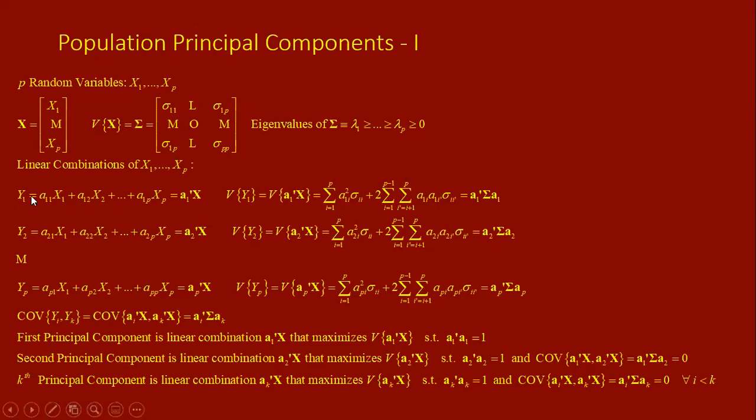Now, the new variables that we derive are going to be y1 up to yp. Each of the new variables will be a linear combination of the whole set of variables. I'm going to say that again. Initially we had x1, x2 up to xp, the set of variables.